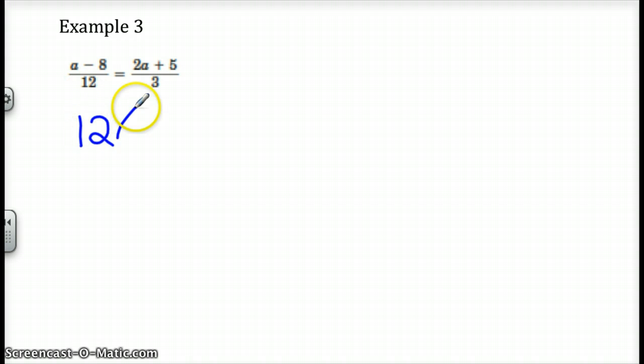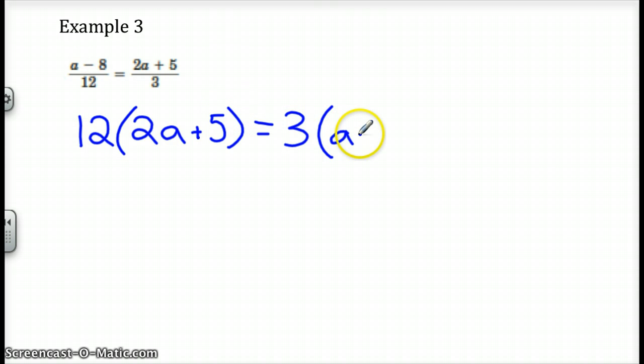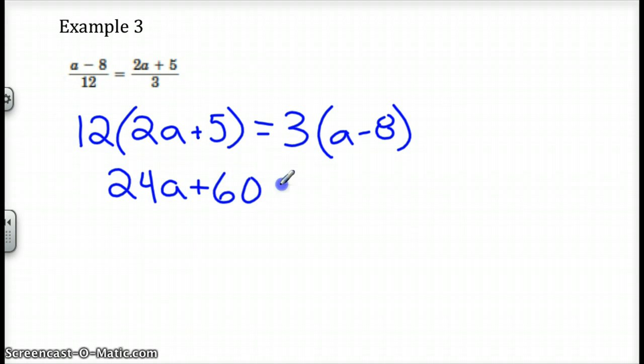So 12 times 2a plus 5 is equal to 3 times a minus 8. Now we have an equation that we've seen before, and we're just going to distribute, get rid of those parentheses. So we'll get 24a plus 60 is equal to 3a minus 24.